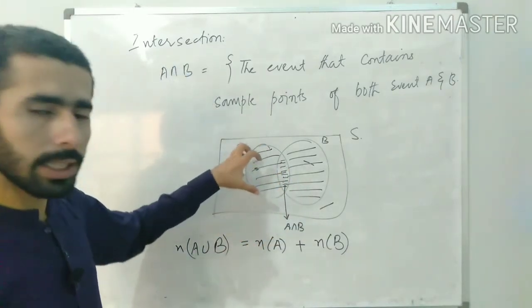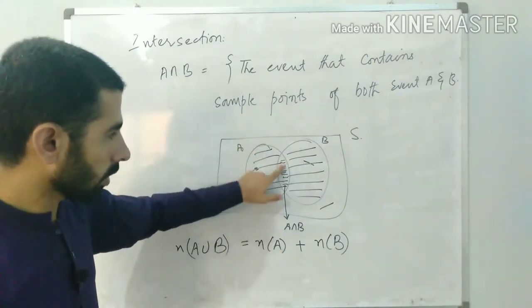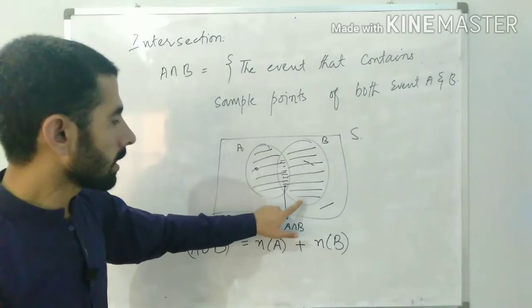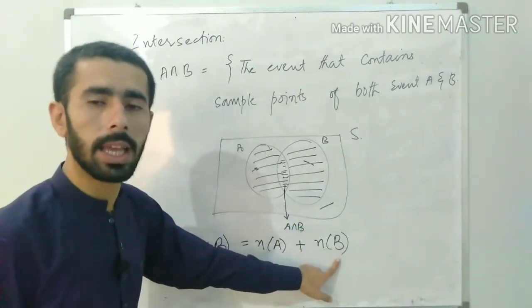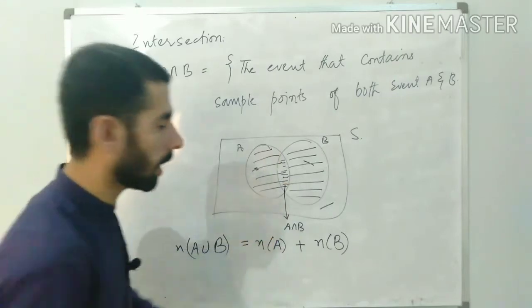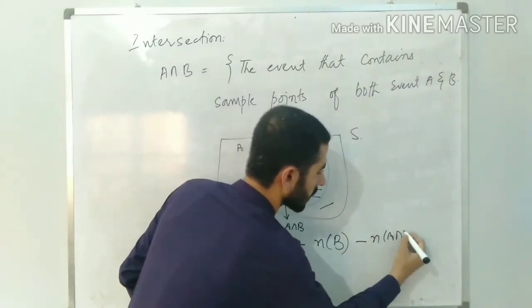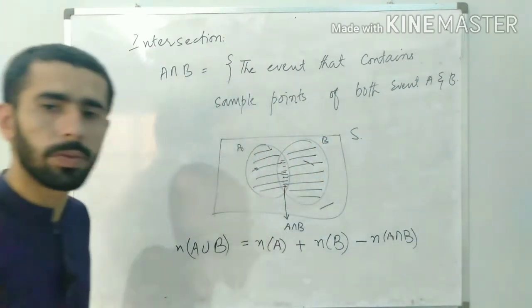Once when you were taking the elements of set A or event A, you counted this part. Similarly, when you were taking the elements of set B or event B, you again counted this part. So you need to subtract that part once, that is, subtract A intersection B a single time.